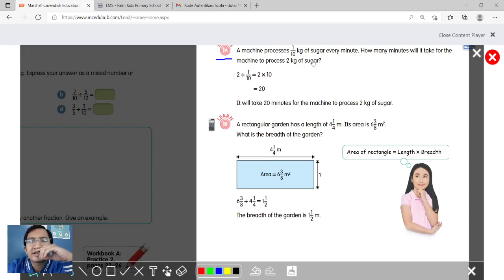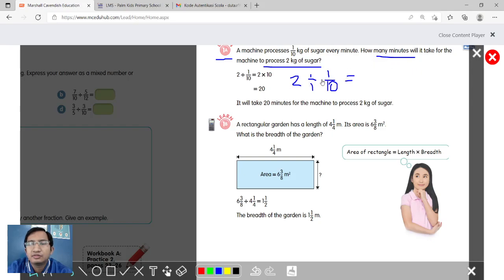A machine processes 1 per 10 kilograms of sugar every minute. How many minutes will it take for the machine to process 2 kilograms of sugar? So this means that we can divide 2 kilograms by 1 per 10. They ask us how many minutes.